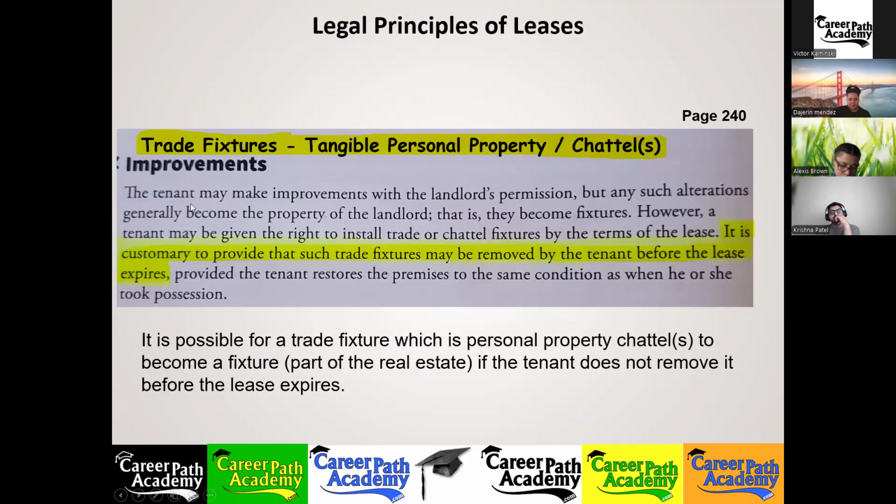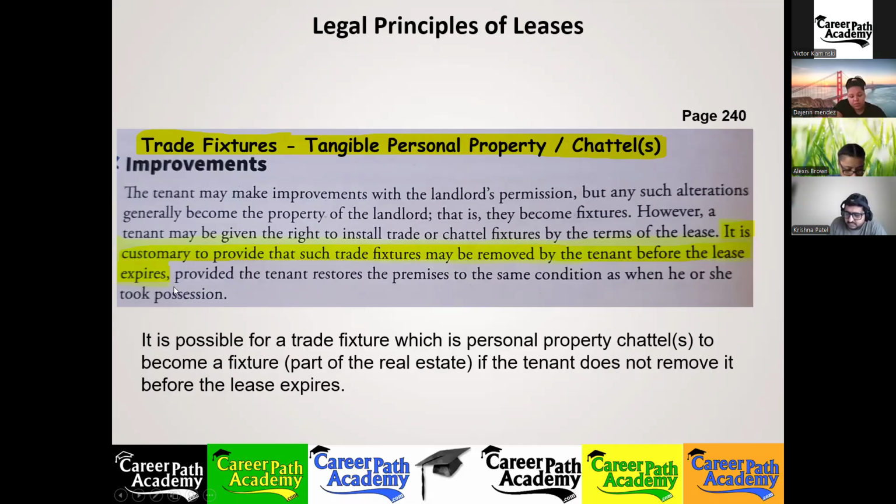So let's highlight this. Let's write this next to, where is this? Page 240, where it says improvements. Right above it, trade fixtures. They're tangible personal property. Tangible personal property is called chattel, so let's write that there as well. Chattel or chattels.